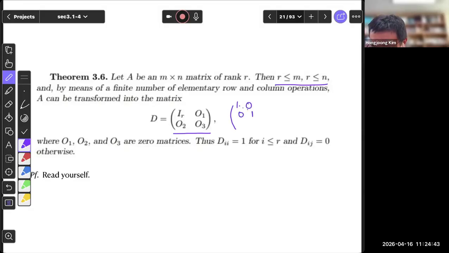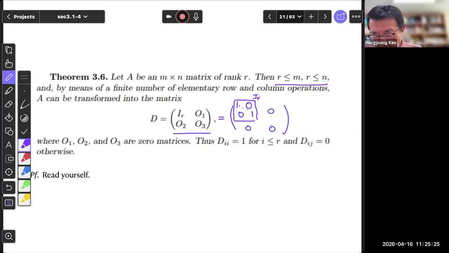So this is your I sub r matrix. For all the others, O1, O2, O3 are just the zero matrices, and I sub r is the identity matrix. Please note that I have the identity matrix with r ones.